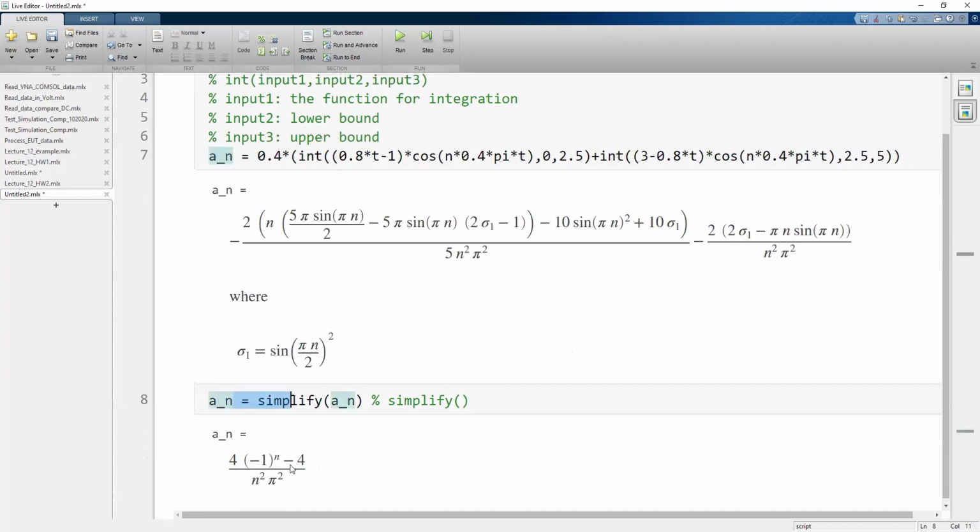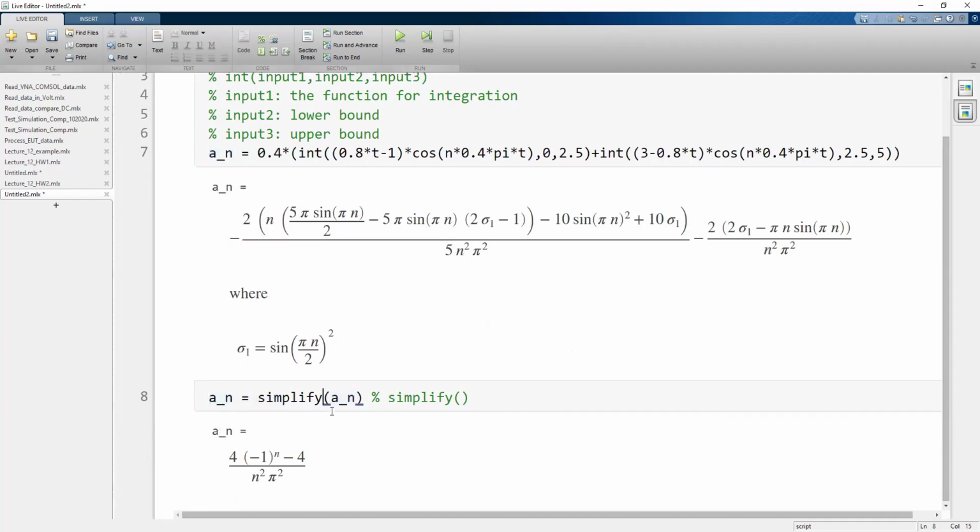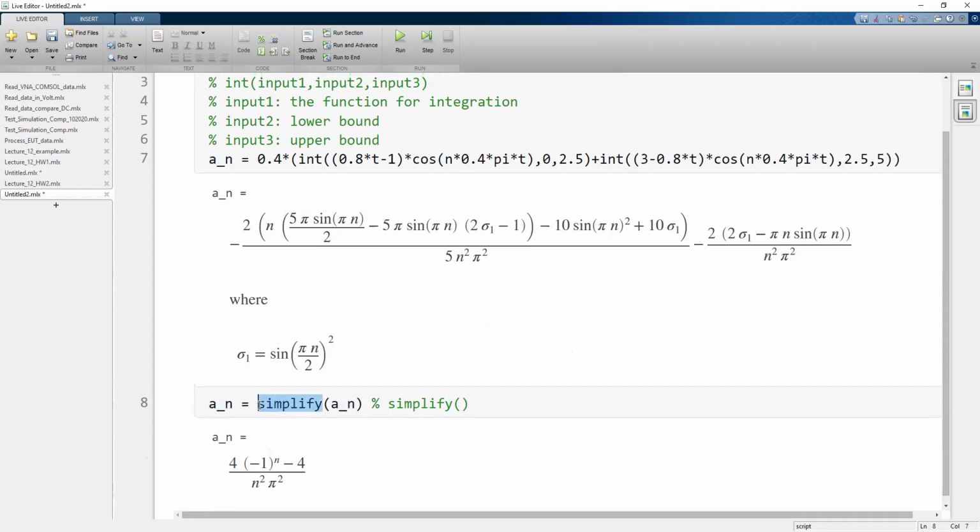Eventually, your an can be written in this format. This an is exactly the same as the first one. It's just that MATLAB uses simplify to convert these complicated expressions to short and nice expressions. So that's easy, right?